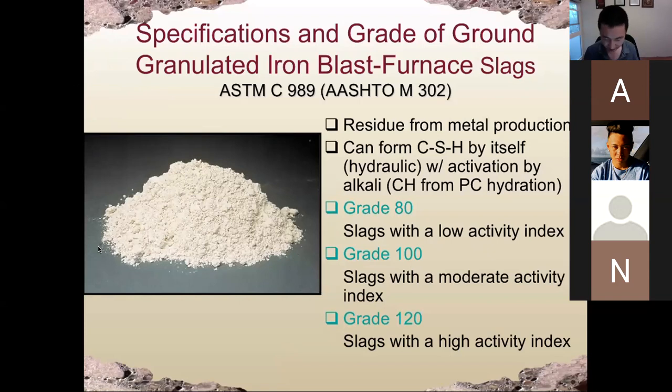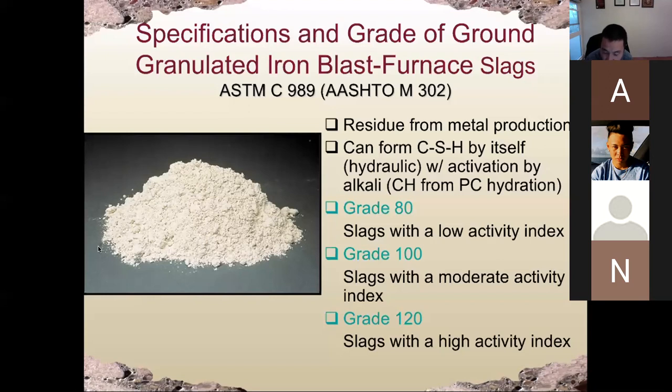So the next one, I believe the third one, is called slag. The full name for slag is granulated iron blast furnace slag. Slag is a byproduct from metal production, mostly iron. Slag has a much higher percentage of calcium oxide compared with fly ash and silica fume.